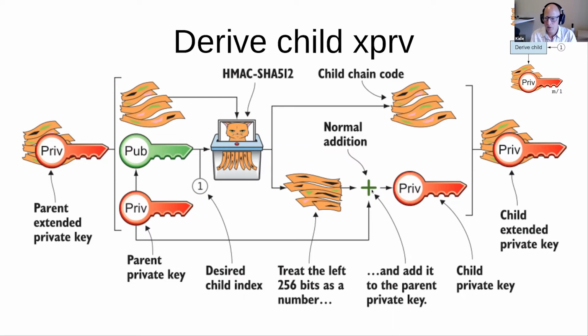And the result of this addition is the new child private key. And these two together form the child extended private key. So this addition, we will come back to later, but it's important here that we add the left 256 bits to the parent private key to get the child private key.